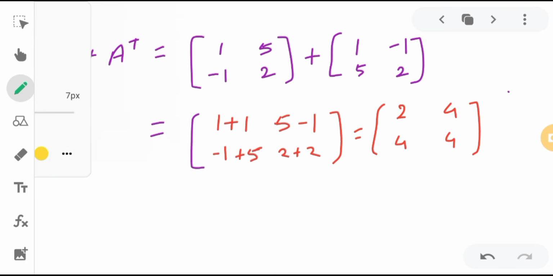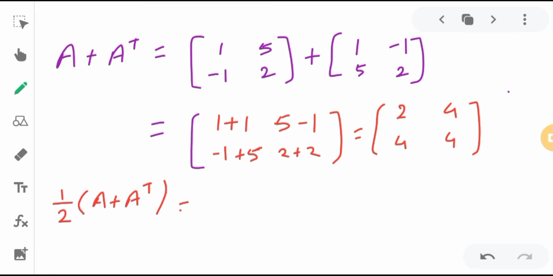And now I have to get the half of A plus A transpose. So half into A plus A transpose, we got 2, 4, 4, 4. So I will multiply 2, 4, 4, 4, and in the previous videos I told you how I can multiply this. 1 upon 2 will get multiplied to each element: 1 upon 2 into 2, 1 upon 2 into 4, 1 upon 2 into 4, 1 upon 2 into 4.